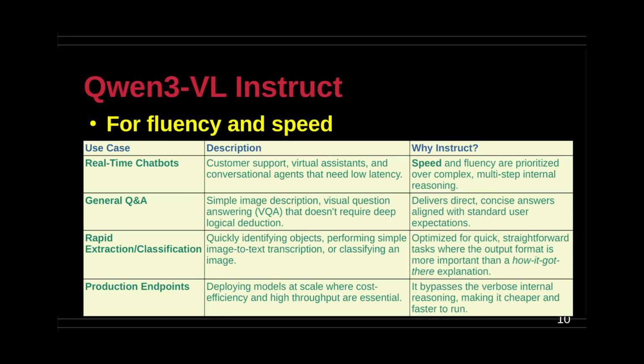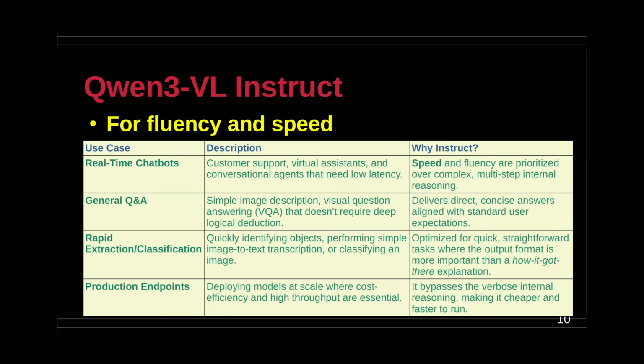Simplicity and directness. Next, consider how the model approaches general tasks. For simple image description, like general question and answer and rapid extraction, the Instruct model provides a direct, concise answer that meets user expectations.